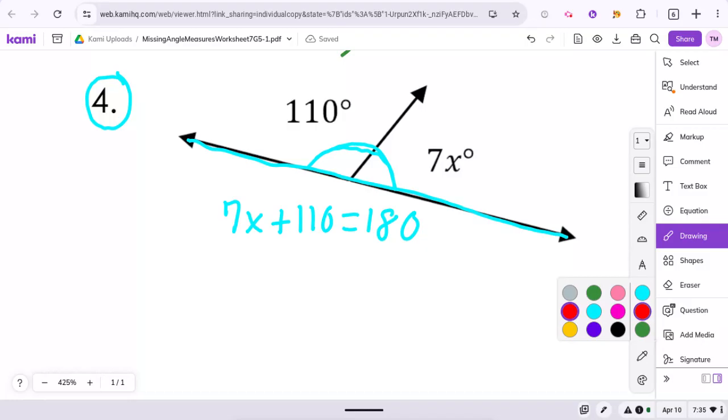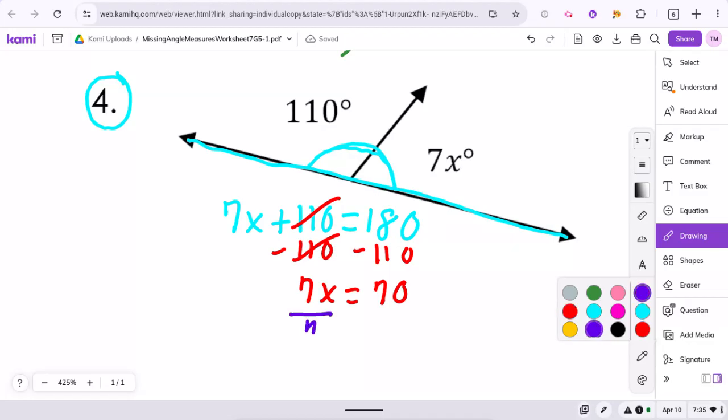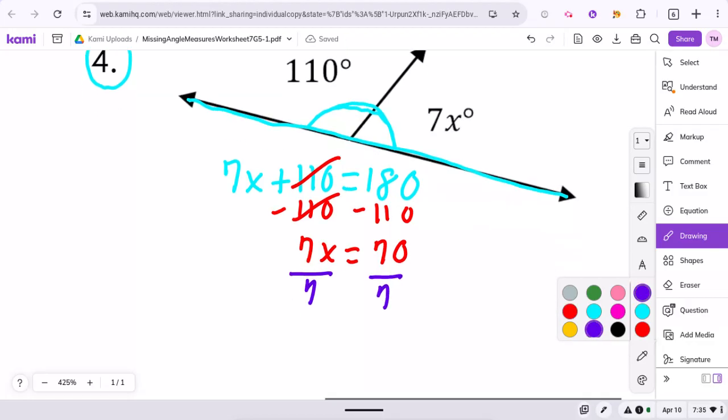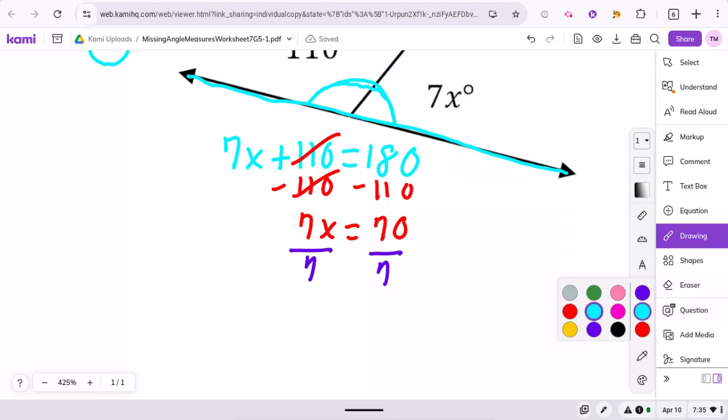So this would be the two-step equation. So minus 110, minus 110. Cancel. You're left with 7x equals 70. Then divide by 7 on both sides. These cancel. X equals 10.